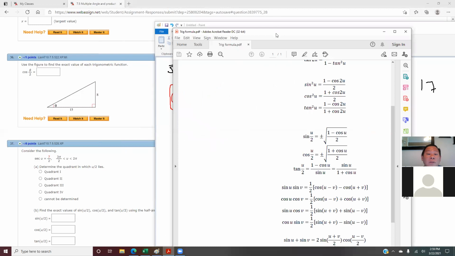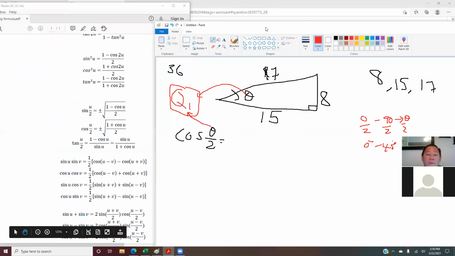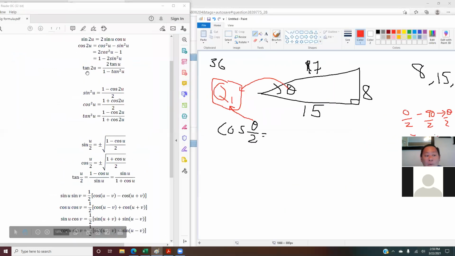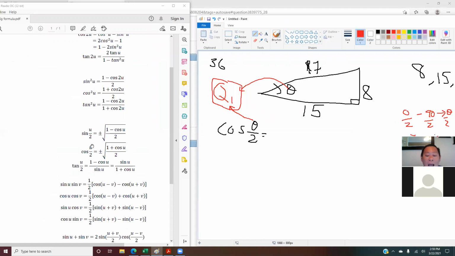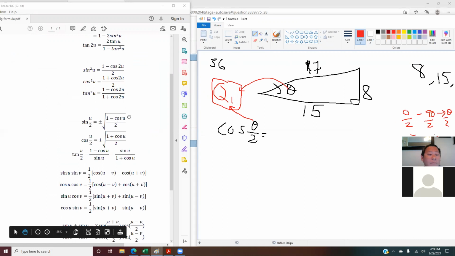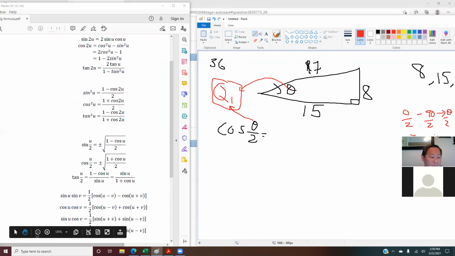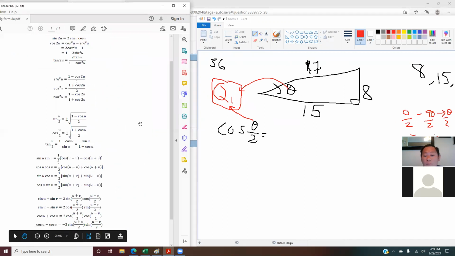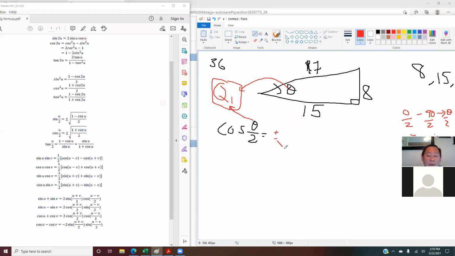Okay. Now we use a formula. Can you tell me what formula is this? Is this a double, power reducing, half, product to sum, or sum to product? Is it the half angle? Yep. So it's plus minus square root of 1 plus cosine theta over 2.